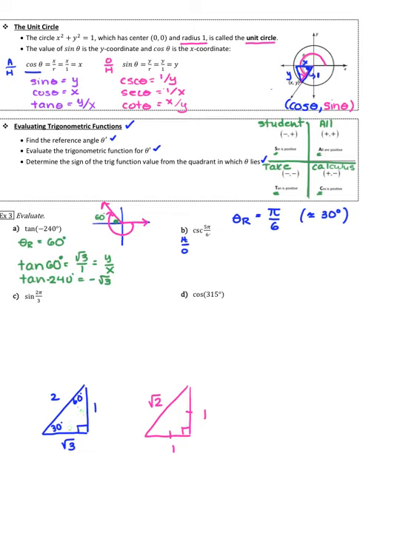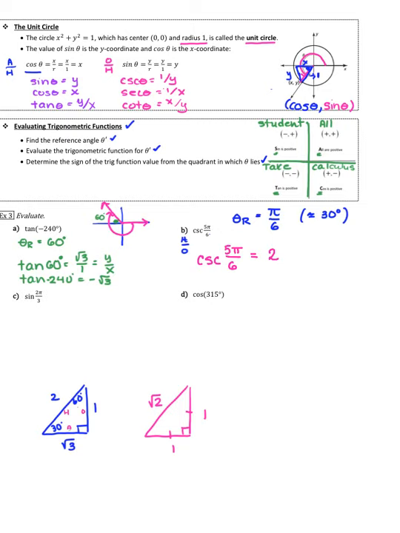Okay, so now that we're looking at our 30-degree angle, this will be the opposite. There's your hypotenuse and there's your adjacent. Cosecant of 5 pi over 6 is the same as the cosecant of pi over 6, so the hypotenuse over the opposite, that's going to be a 2.